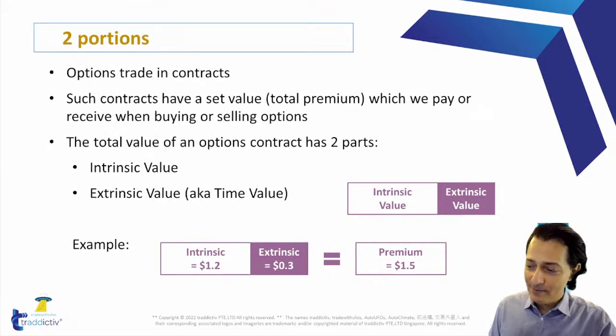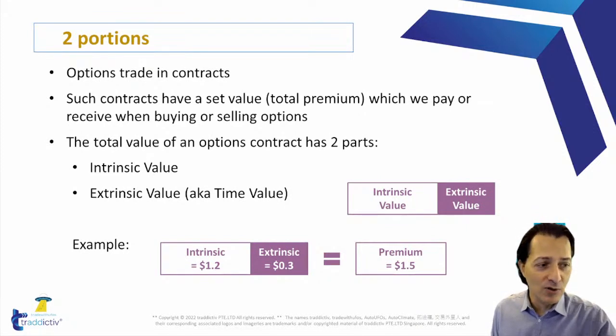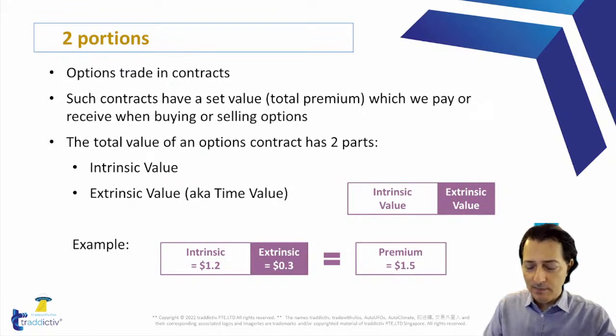So let's say you are looking at an options contract trading at $1.5, where that value of 1.5 comes from adding up two pieces of information: the intrinsic value portion of the contract plus the extrinsic value portion of the contract.